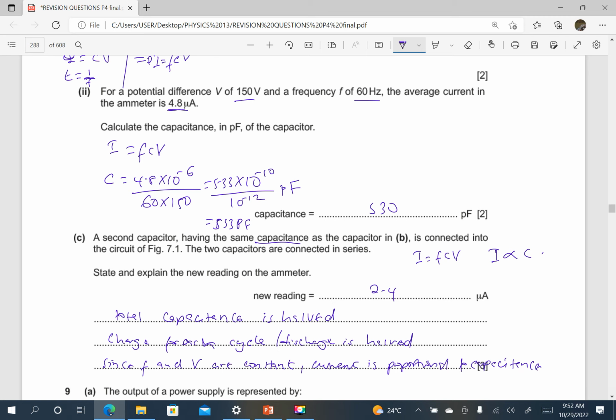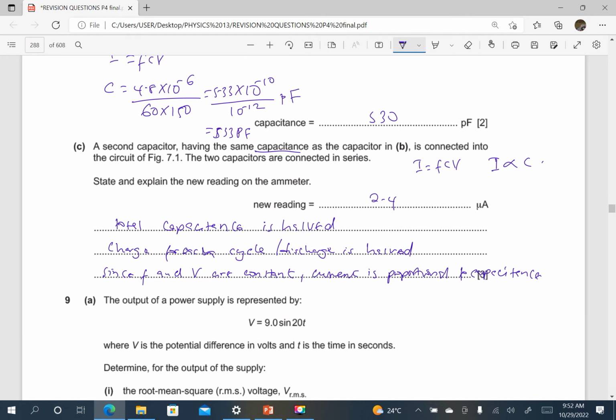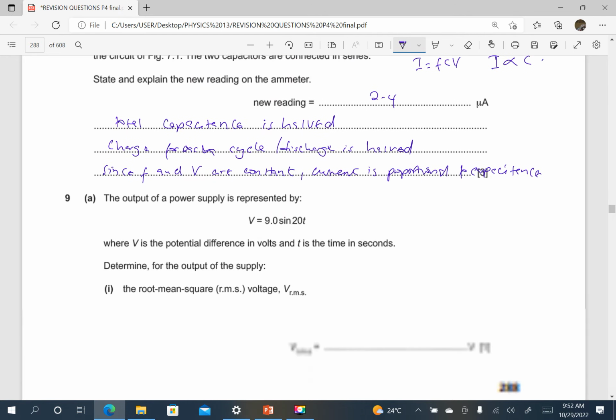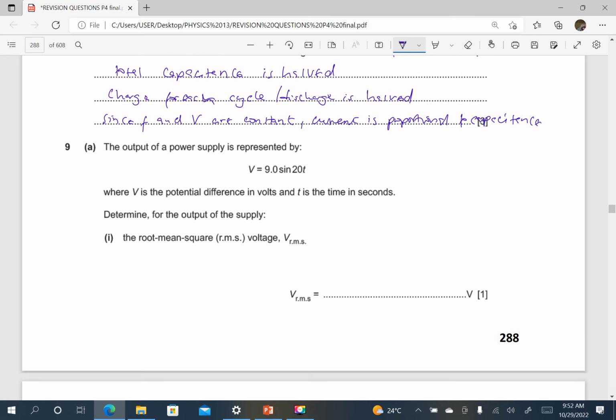The charge for each cycle is halved because total capacitance is halved. Since F and V are not changing, then the current is proportional to the capacitance. So when capacitance is halved, it means the current should also be halved.